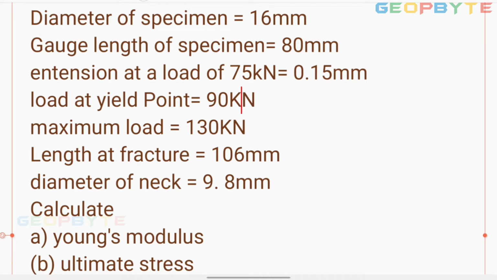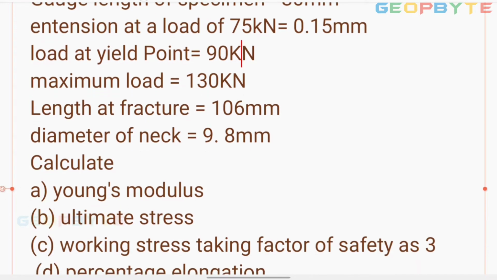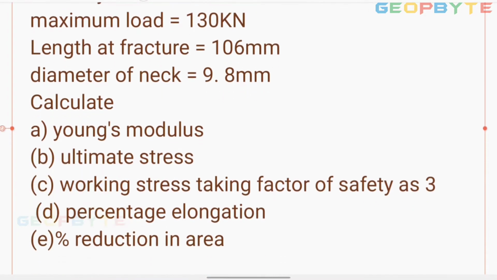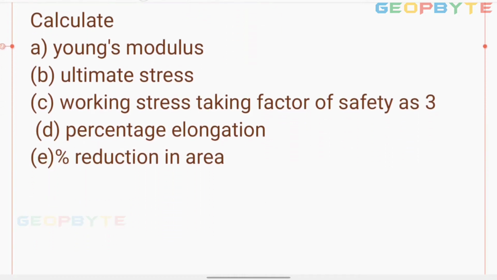Maximum load 130 kilonewtons. Length at the fracture 106 mm. Diameter of the neck is 9.8 mm. Calculate A. Young's modulus, B. Ultimate stress, C. Working stress with a factor of safety 3, D. percentage elongation and E. percentage reduction in area. This is the problem. Now the first bit is Young's modulus.